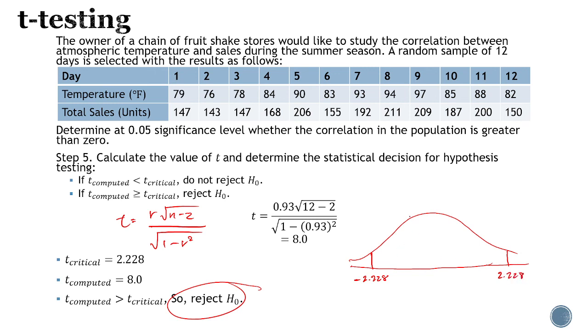Okay? So sabi natin ito yung do not reject area, and itong dalawang side na to, ito yung rejection area. As you may see here, 8 is actually far beyond here, somewhere here. So, nandun siya sa rejection area. So, kaya natin siya reject.